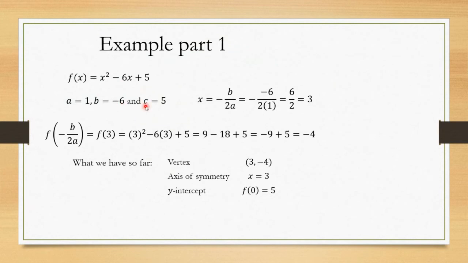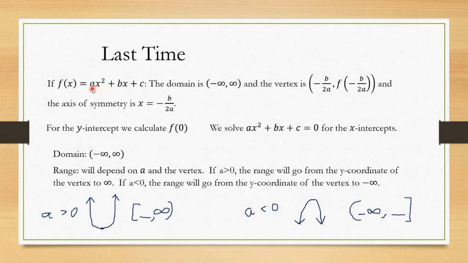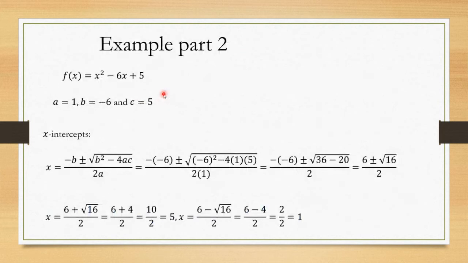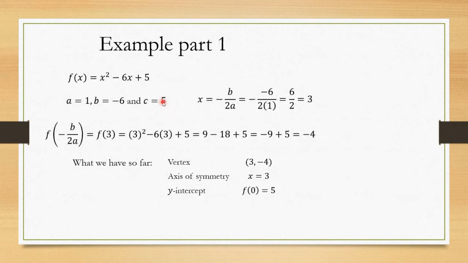Remember, a is the leading coefficient, b is the coefficient of x, and c is the constant term. a has to be non-zero, which is good because we're dividing by a. If a was 0, then we're back in earlier in chapter 2, because then we just have a line. All right. So we have to get this first. Remember, I'm using the vertex formula.